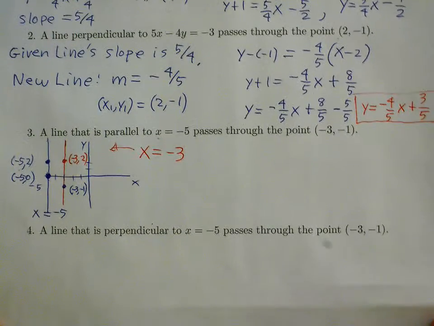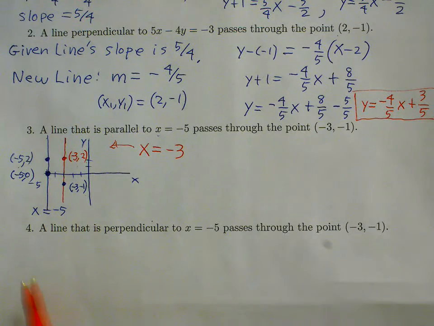Okay, number 4. Now we want to find the equation of a line that is perpendicular to x equals -5 and which passes through the point -3, -1. Okay, so now we know that x equals -5 is a vertical line in the xy plane. A line that is perpendicular to a vertical line is what kind of line? Yeah, horizontal.